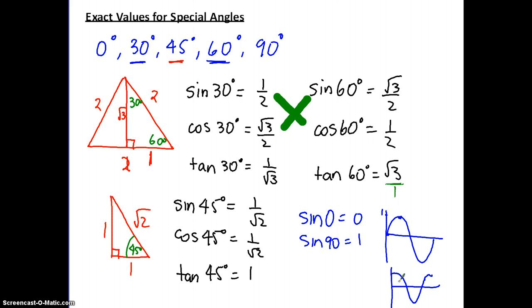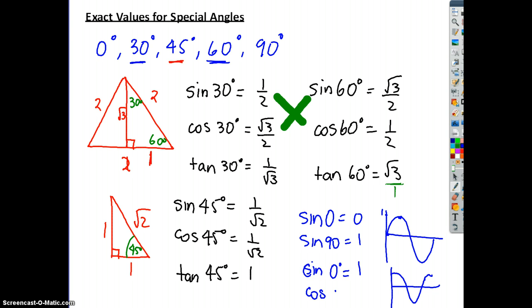And coming down to the cos, we will look at tan a little later on. But the cos of 0 degrees is 1. Oh, sorry, that's meant to be cos, let me rub that out.